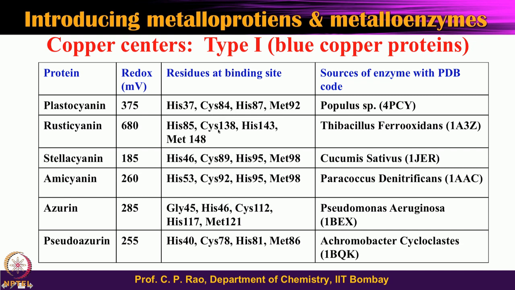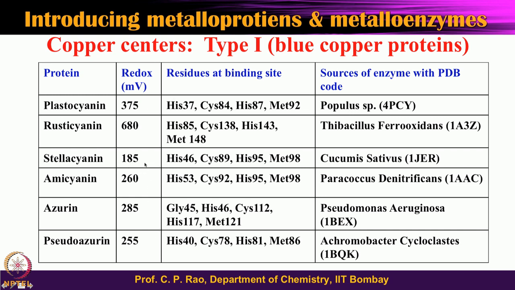I have already told you in the previous class that there are 4 coordinated ones and 5 coordinated ones, tetrahedral and trigonal bipyramidal, but none of these geometries are anywhere close to the ideal structure. They are very highly distorted. I will explain the distortion once again, and how it is helping. Before going to the next point, let us look at these different values.